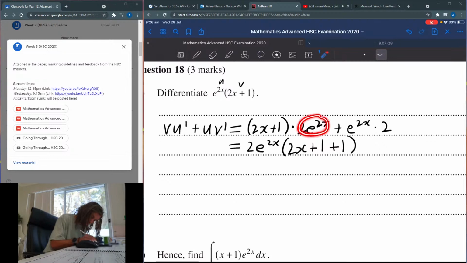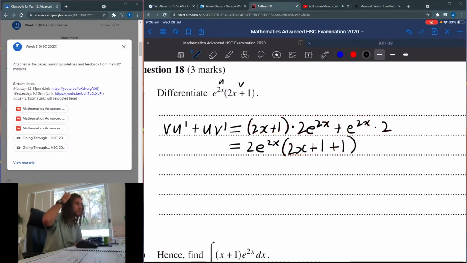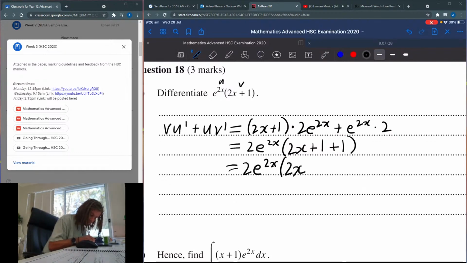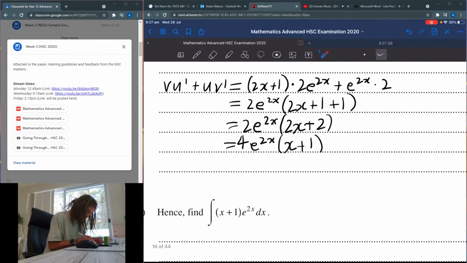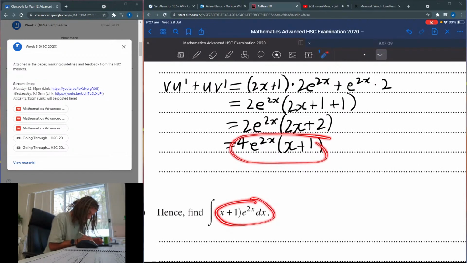So this times this is that, and then this and this is that. Okay, am I happy with that? Oh, I can keep going. 2e to the 2x, 2x plus 2, and then I'll take a 2 out, so that's 4e to the 2x, x plus 1. Okay, that's what I want, because now this looks like this, except I don't have this 4 there.